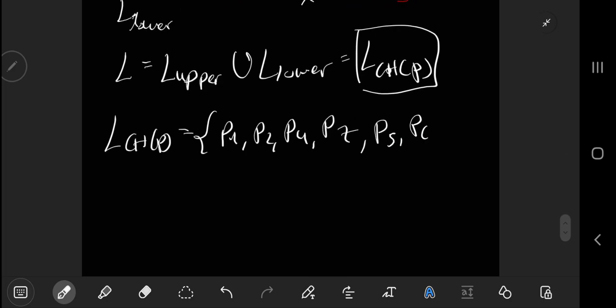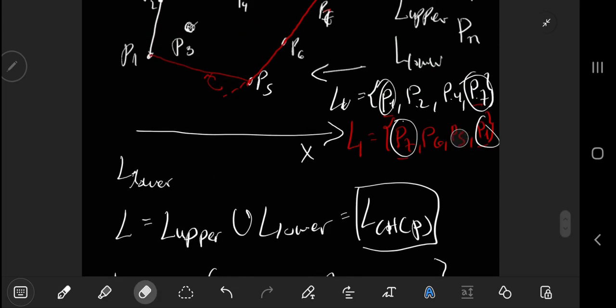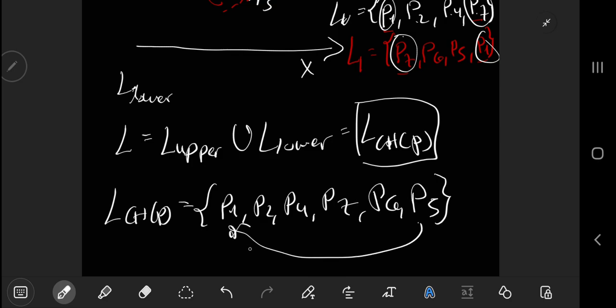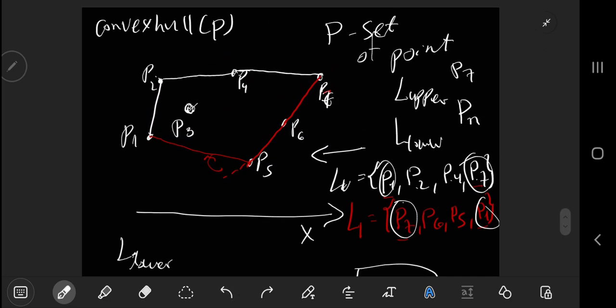Those are all the points that are on the convex hull. Great. I can even do it in order because I know from here that P7 is connected to P6 to connect to P5 to connect to P1. So P7 connected to P6 connected to P5, and this will go to P1.